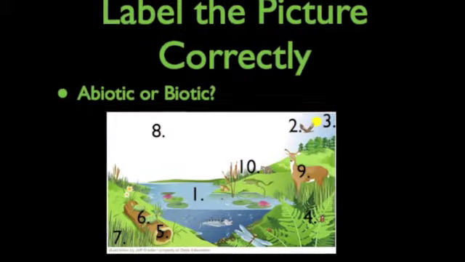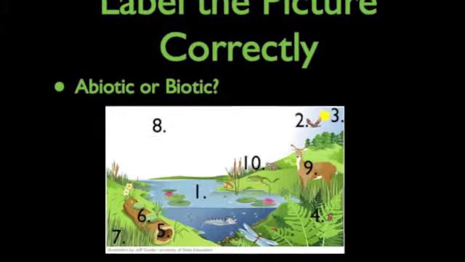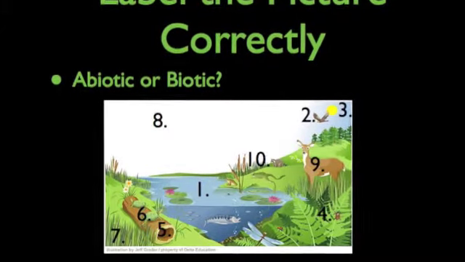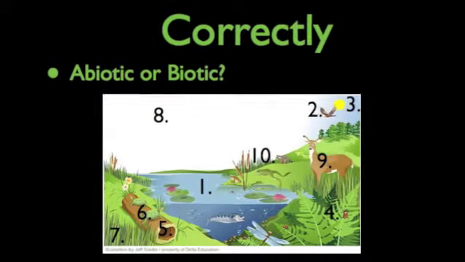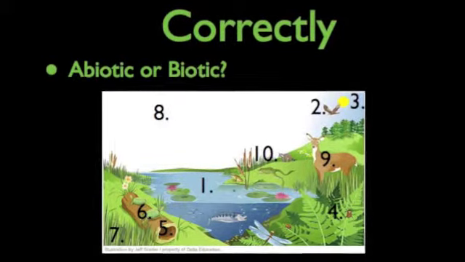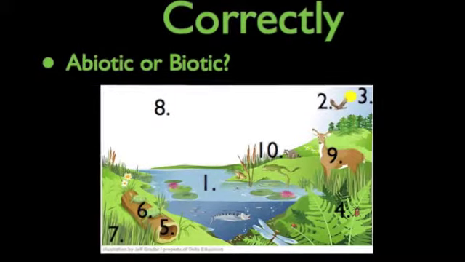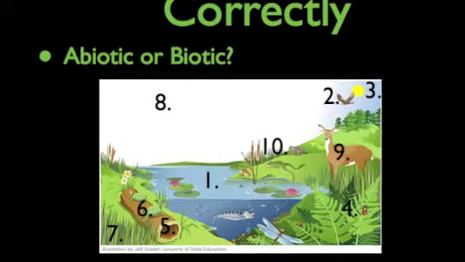Looking at the picture presented, let's label each number correctly, whether it's biotic or abiotic. Number 1 is going to refer to the water, number 2 to the eagle, 3 to the sun, 4 to the ferns, 5 to the log, 6 the turtle, 7 the grass, 8 the sky, 9 the deer, and 10 the raccoon.